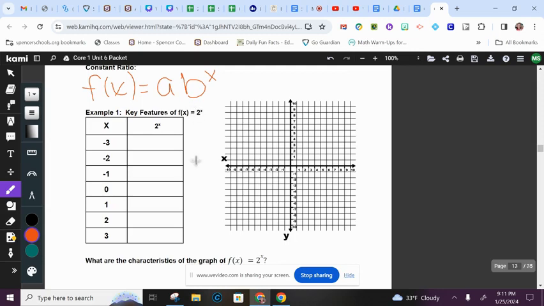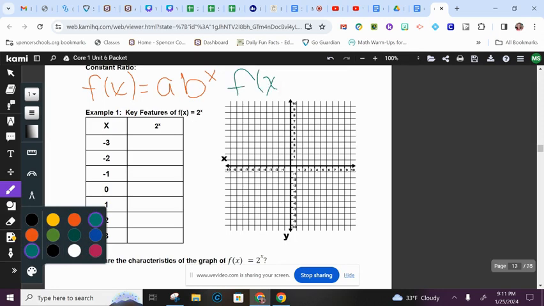If you want to rewrite that with an a in it, you would have to put 1, the only other value that would mathematically work without changing the whole problem. So if you think of it as 1 times 2 to the power of x, the a is 1 and the 2 is your constant ratio.